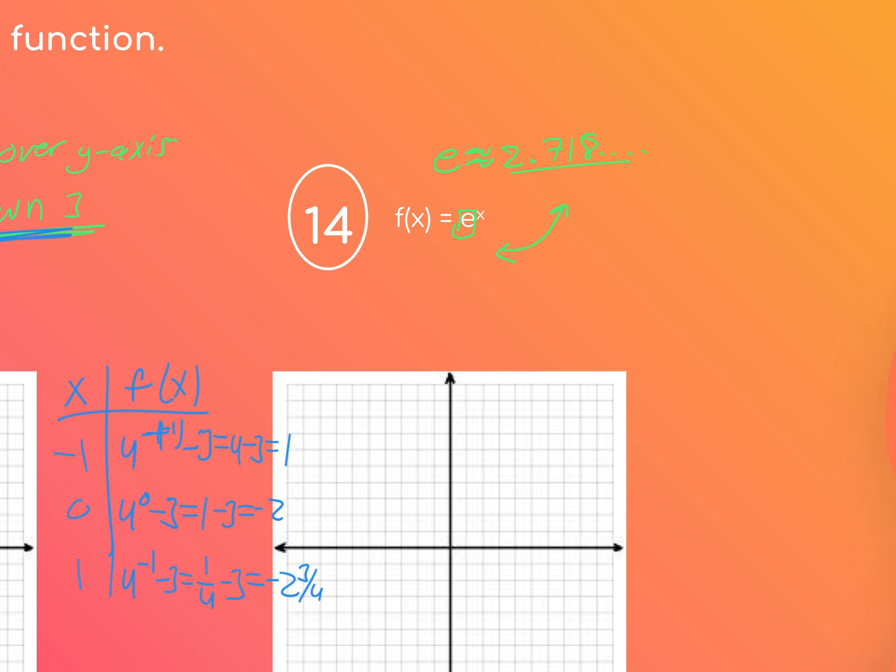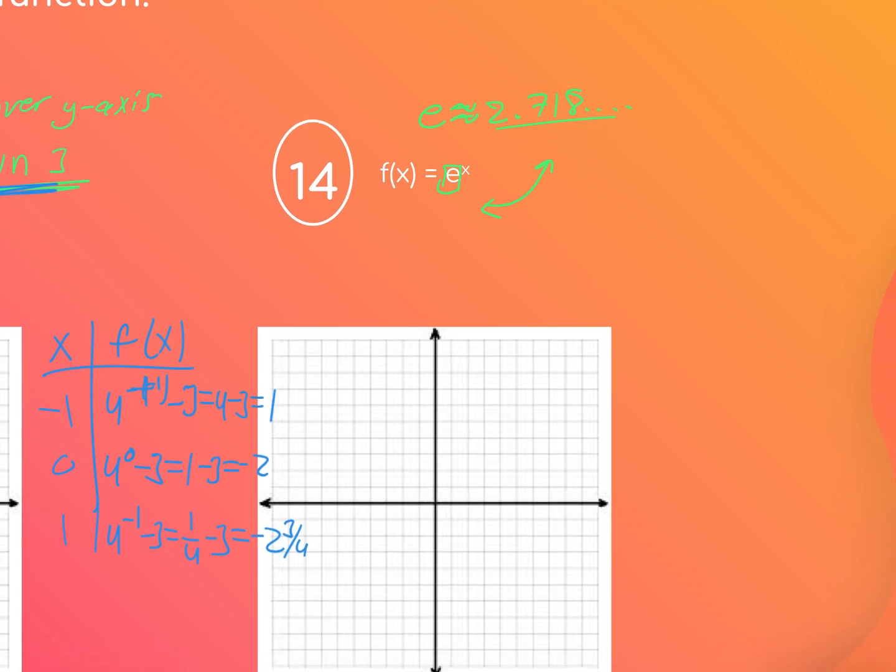This is not a transformation one, by the way. This is just an example of another kind of exponential function. So we're going to do 0, 1, 1, our base E. So 1, 2.718, and so on. So I'm going to have a point right there at 0, 1, and then that's going to be a little bit between 2 and 3, and then you can just connect those right there.